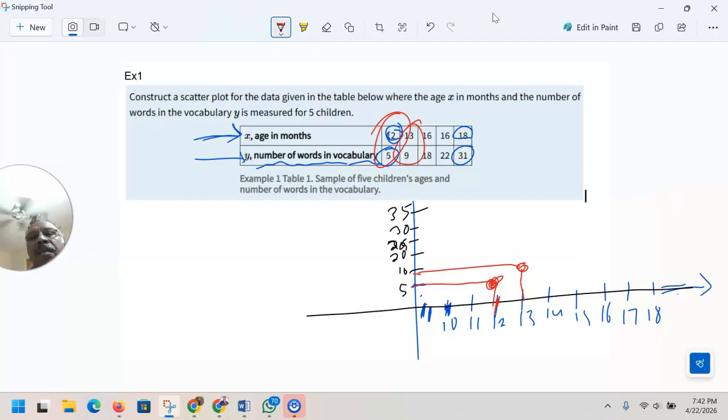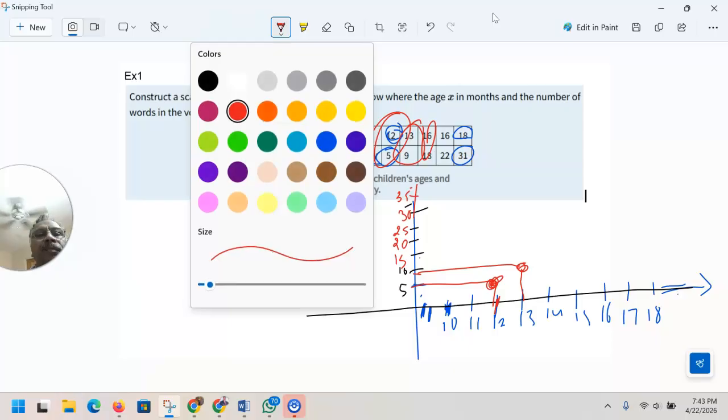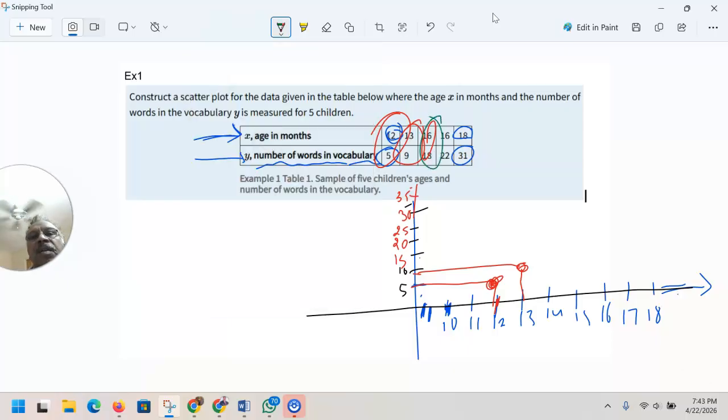16, we have two of them. 16 is 18. I think I missed 15 here. So I missed a number here. This is 15, this is 20, this is 25, this is 30, and then 35. So 16 is here, go up here, and 18 will be somewhere here.